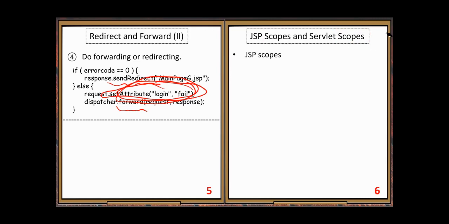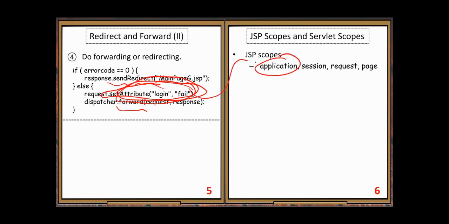So what are those scopes? There are 4 different scopes for JSP: application scope, session scope, request scope, and page scope. So what is the application scope? You can store your data here.